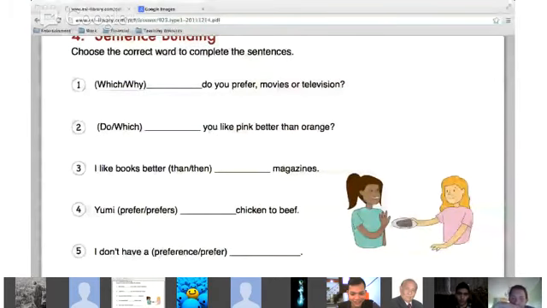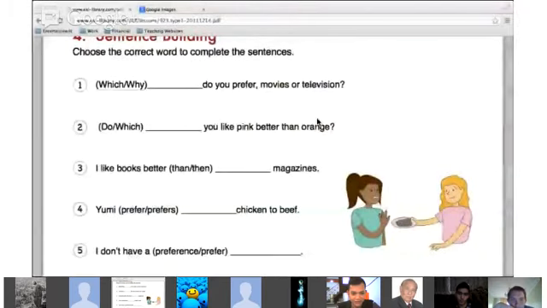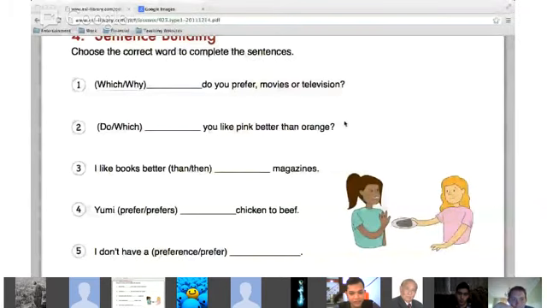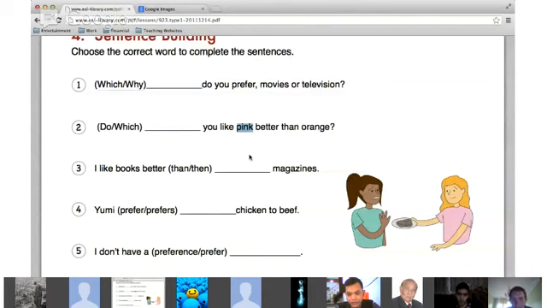Do you like pink better than orange? Good. Okay, and this word here is pink. It's this color that she's wearing, pink. Do you like pink better than orange? Please repeat that. Do you like pink better than orange? Great, nice job. So which do you prefer? Do you like? Okay, excellent.